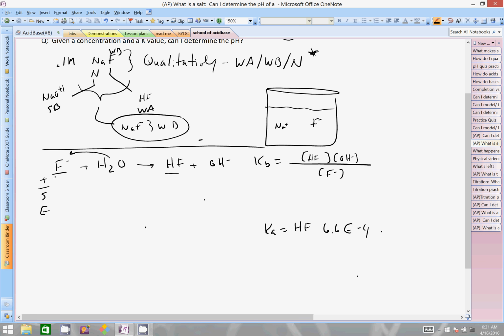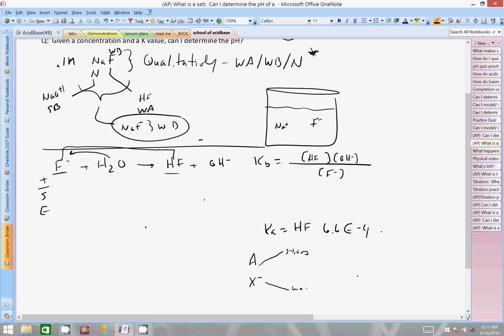Both HF and F negative are conjugates of each other, so they play off of each other, meaning that they both can't be strong. As your acid gets stronger, your conjugate, let's say X negative, gets weaker, and so on and so forth.